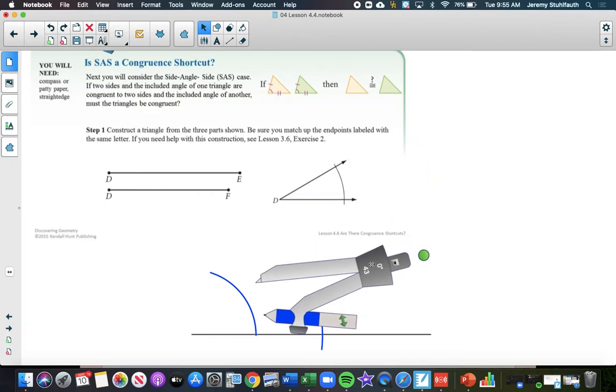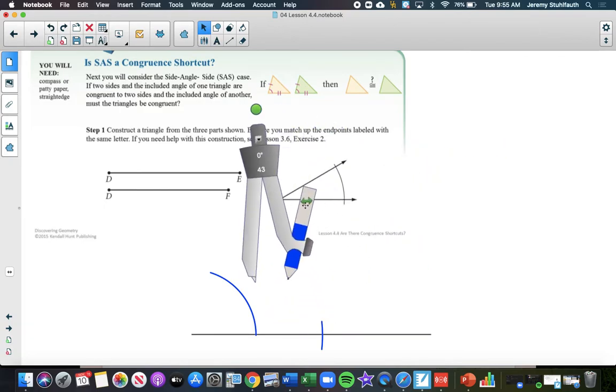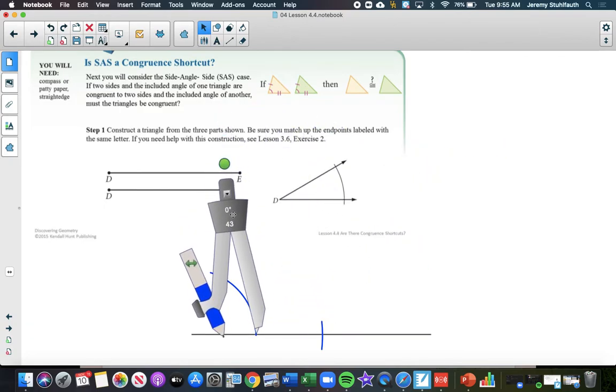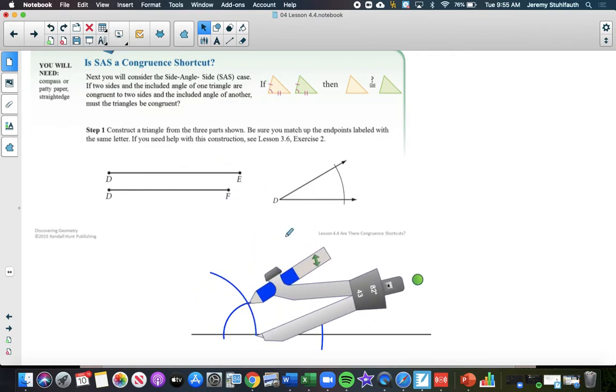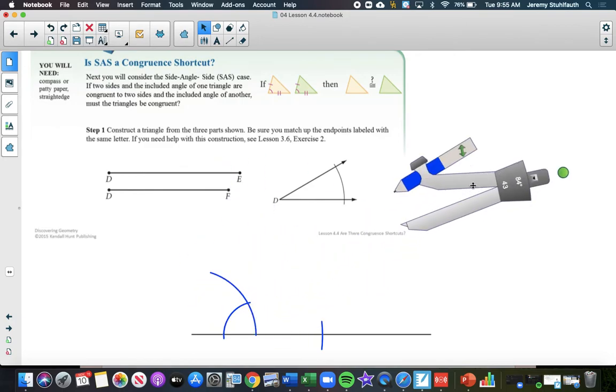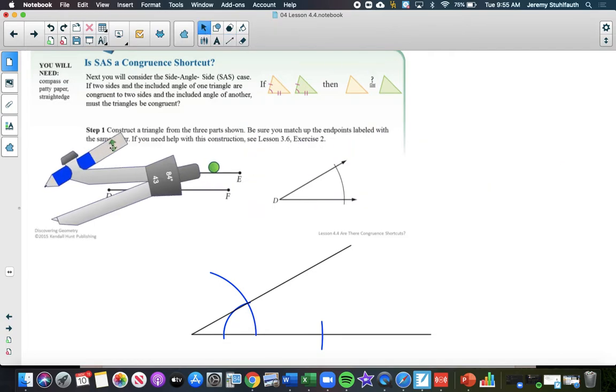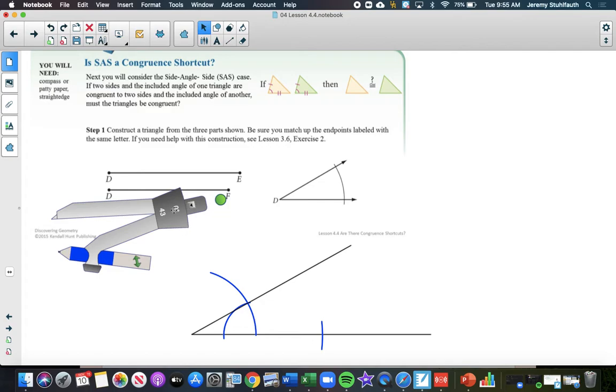Okay. And then we come back over here. We make our second arc to find out where they intersect. There we are. We draw our line segment that connects the endpoint D through that point of intersection. And then we now need to duplicate the segment DF.